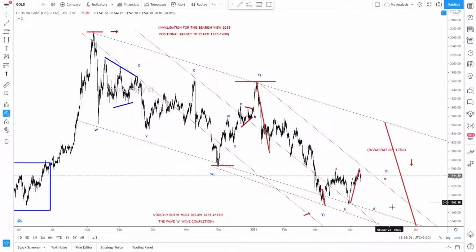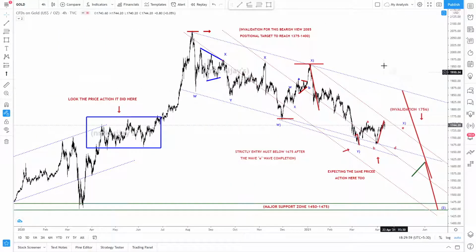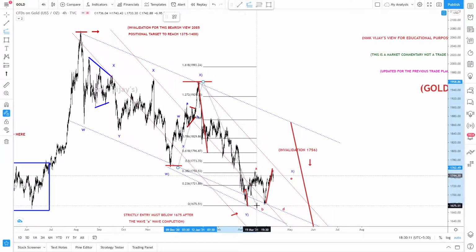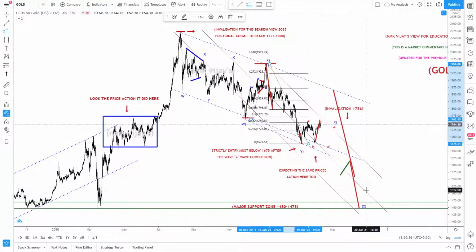What I explained in the last video also: the same length of this connecting wave from W to X, the same for the Y, the same length has to come to this zone, 1869, the same $200. After that I am expecting a bigger ABC to the downside.